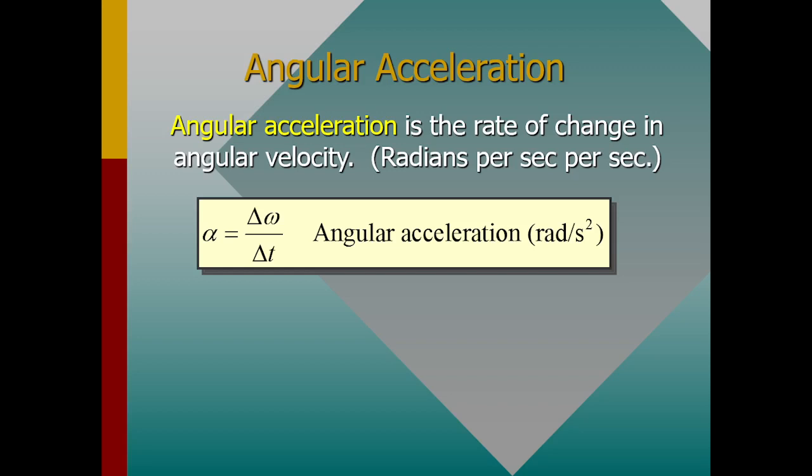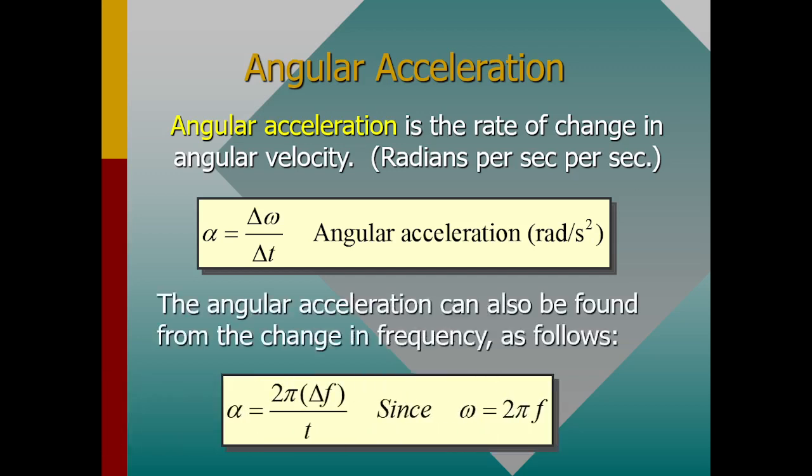We represent it with alpha. Alpha is equal to change in angular velocity over change in time, and the SI units are rad per second squared.